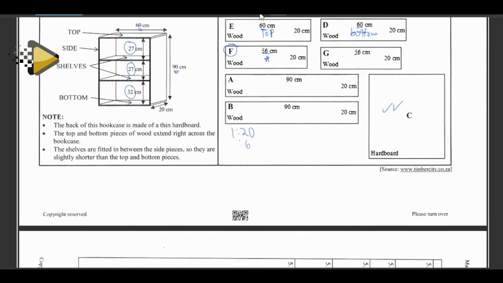So for 60, what will it be? Definitely it's going to be 3. 3 what? Centimeters. Then change also the height, which is 90, and you divide it by 20, which will give you 4.5 centimeters. These are the measurements that you use to redraw this on your piece of paper there. You are supposed to do that. First thing, change the units to the scale.